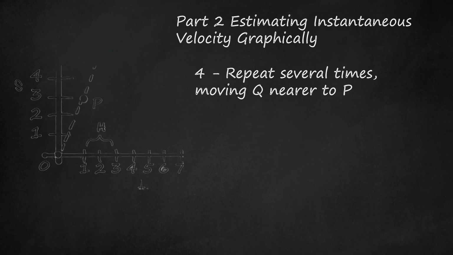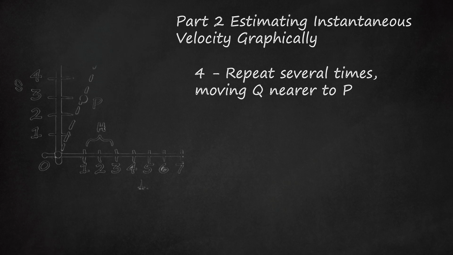Let's do this a few times for our example equation, using the points (2, 4.8), (1.5, 3.95), and (1.25, 3.49) for Q and our original point of (1, 3) for P. Q equals (2, 4.8): h equals (4.8 - 3) / (2 - 1), h equals 1.8 / 1 equals 1.8.